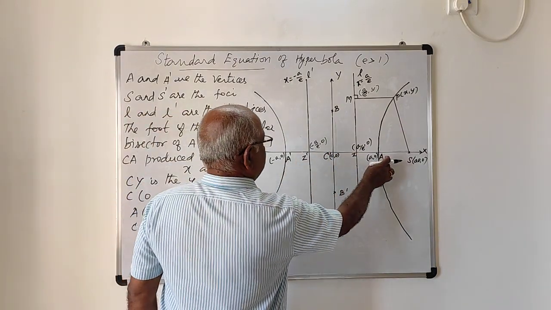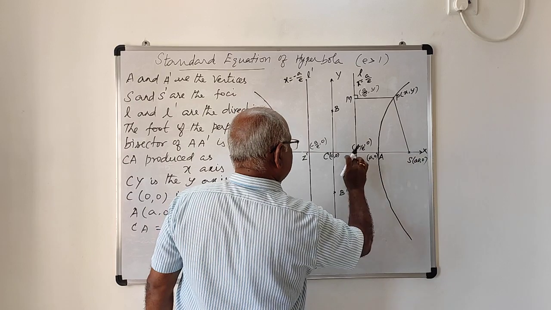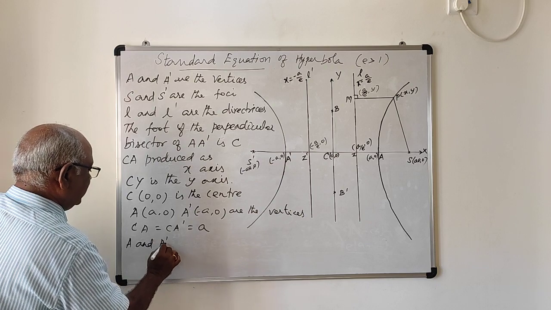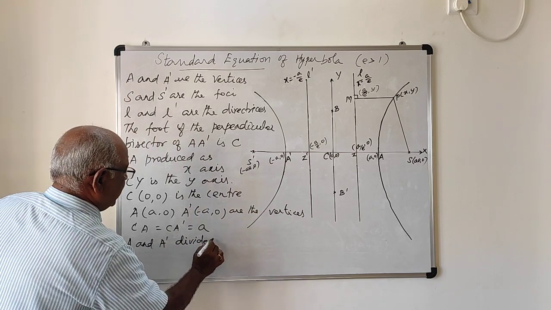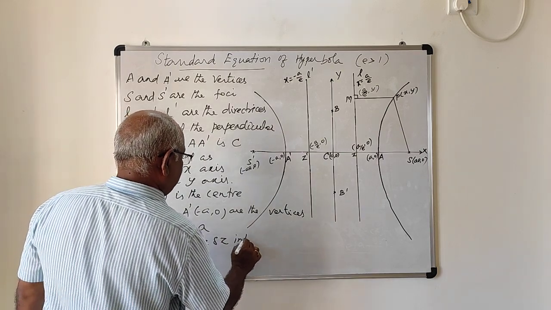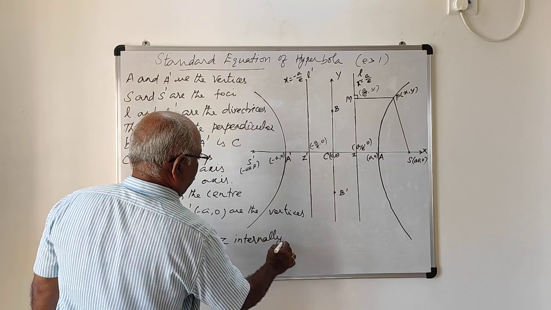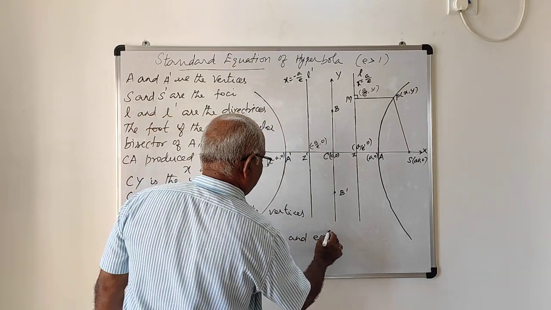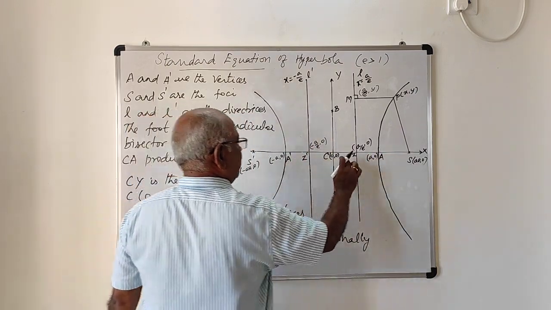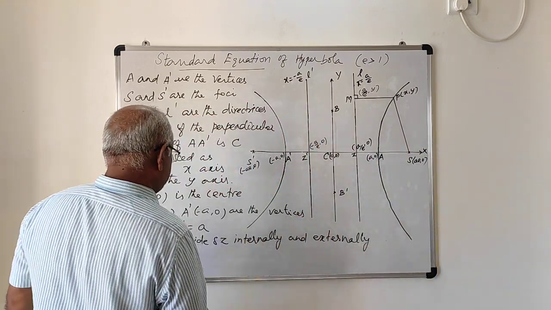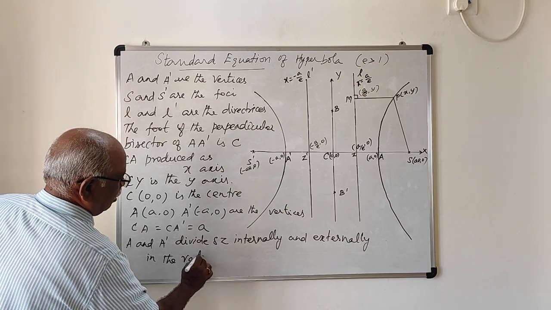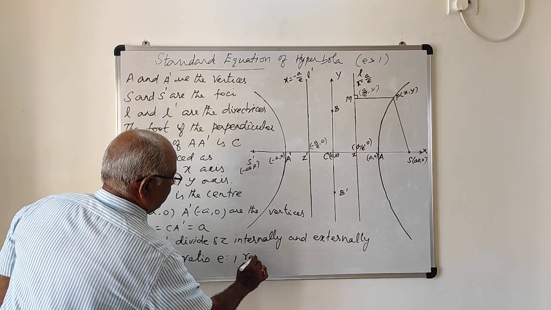Now the points A and A dash divide the line segment SZ internally and externally in the ratio e is to 1 respectively.